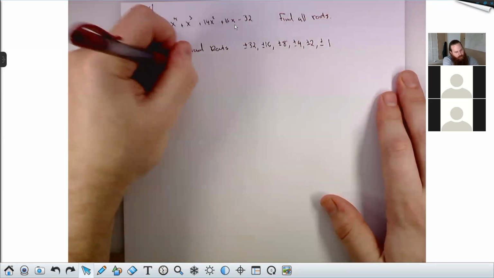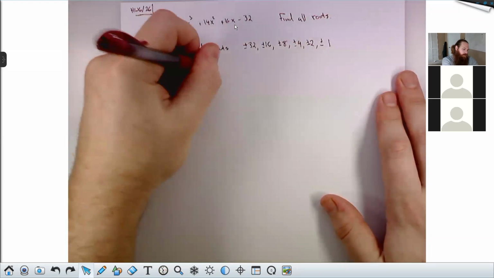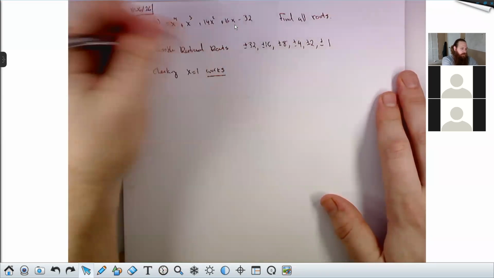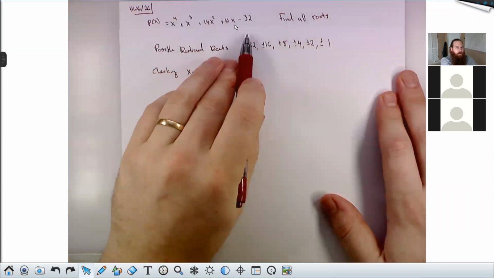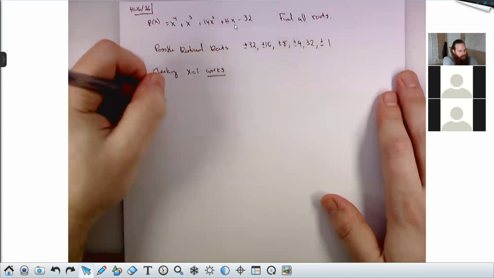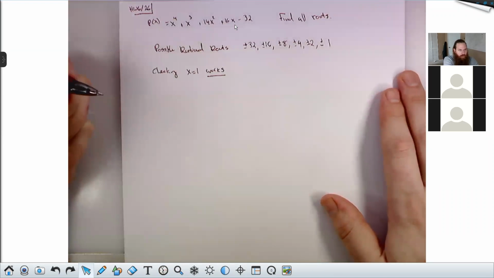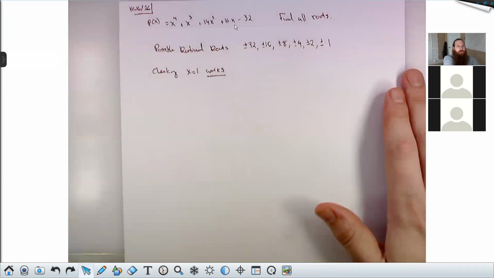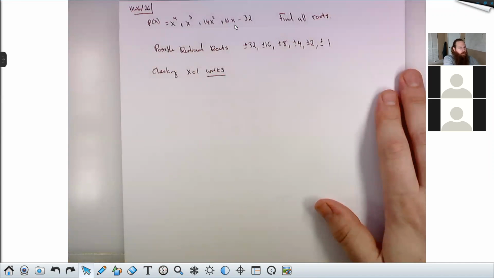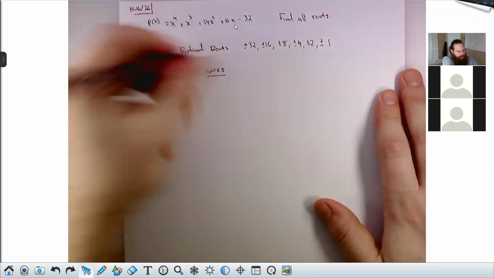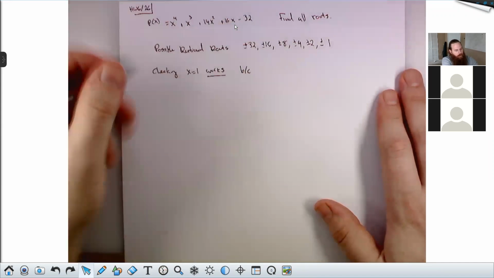Checking x equals 1 works. We don't even need any synthetic division there. You just plug 1 in. We'll do the synthetic division because we need to find the quotient, except Lily or Leanne wanted to see long division. So let's do that longwise.